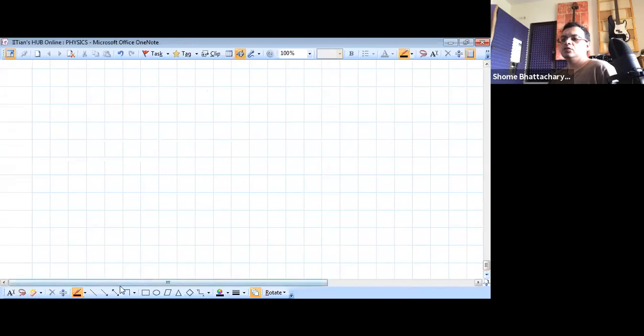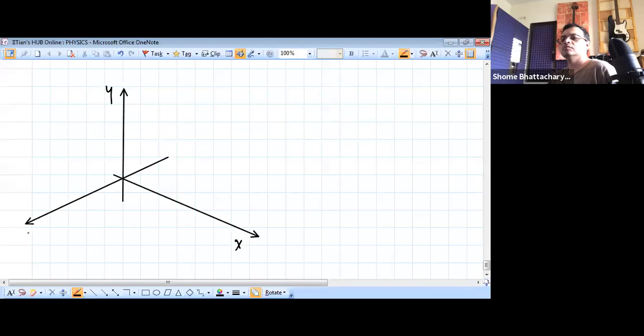Let's say in my 3-dimensional coordinate frame, this is the point A, whose coordinates are 1, 0, 0.